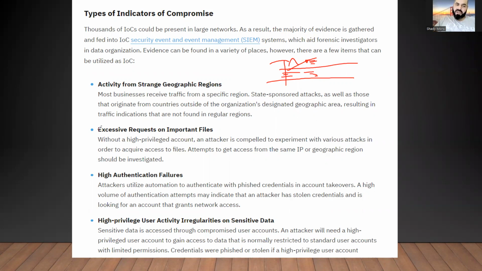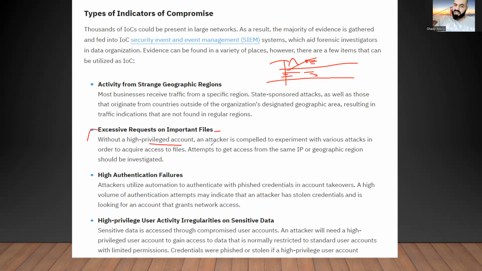Okay, and there are also excessive requests for important files. You have very important files within your network, and all of a sudden you find a lot of requests as a privileged user to access these files. So this is also an indication of compromise.